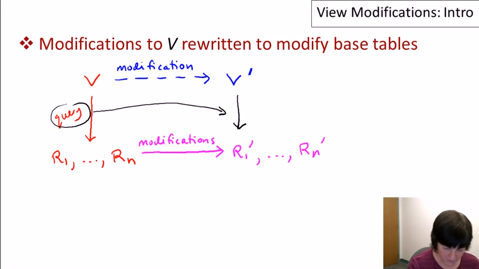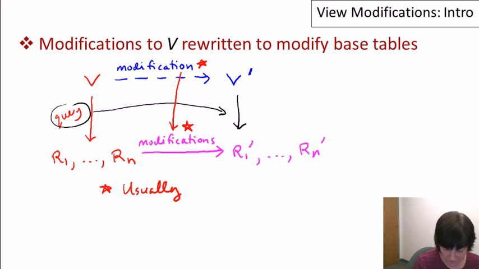So if we can always figure out how to translate this modification up here into the modifications down here so that this square diagram holds, so that the resulting modifications here give us the effect we wanted upstairs, then we're in good shape. So the question is, can we always perform this translation of the modifications so the square diagram holds? And the answer is actually usually yes. Usually there is a translation that works for us, and we'll see some examples of that in our demos.